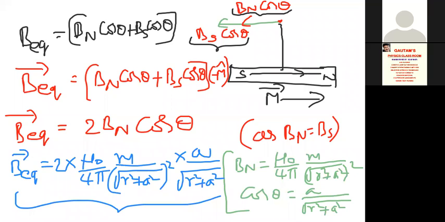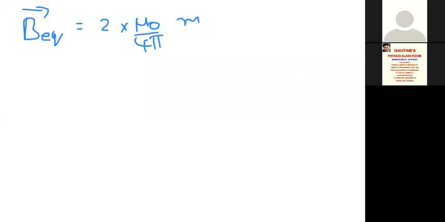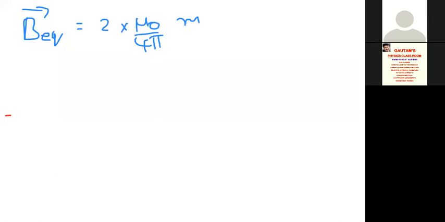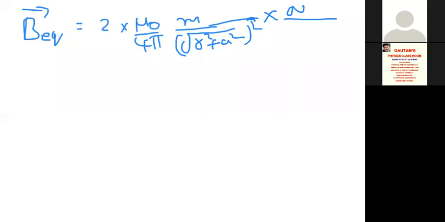So what I wrote there is B equatorial is equal to 2 into mu naught by 4 pi, into small m by square root of r square plus a square whole square, and in the numerator one more term, a by square root of r square plus a square.